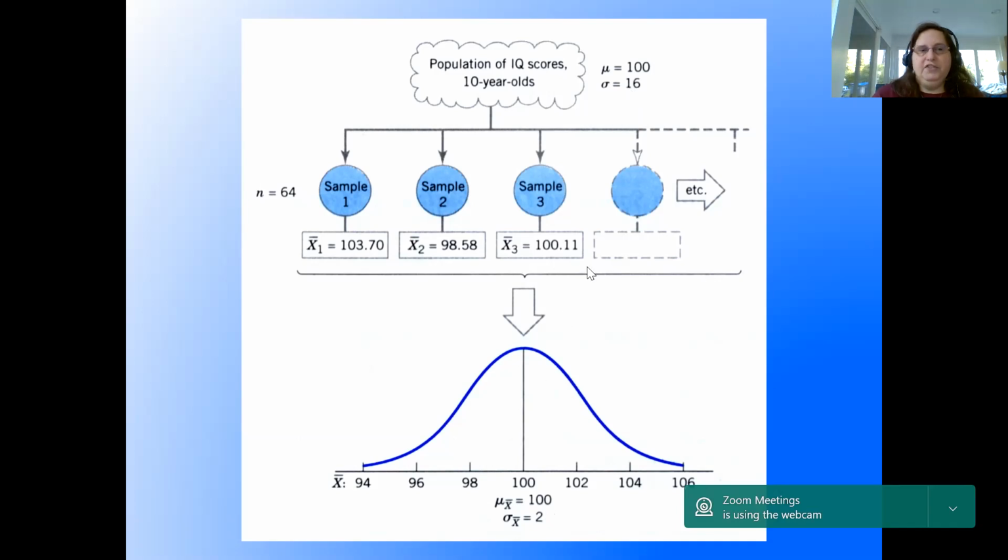Well, how do we get from 16 to 2? We take 16 over the square root of 64, right? That's what we're pulling for each sample size, 64. So we take 16 over the square root of 64, which is 16 over 8. 16 over 8 equals 2.